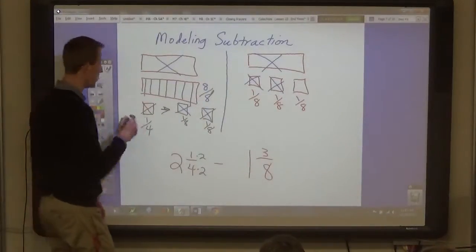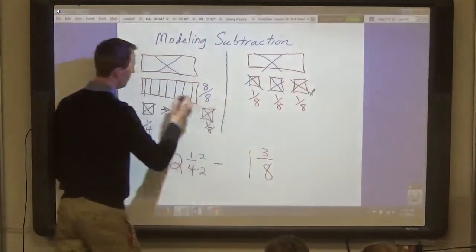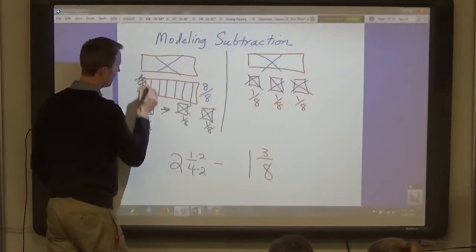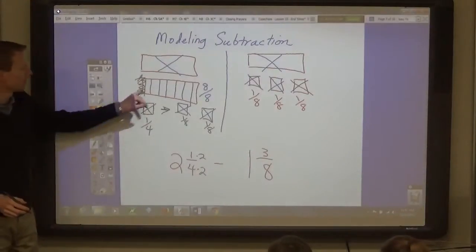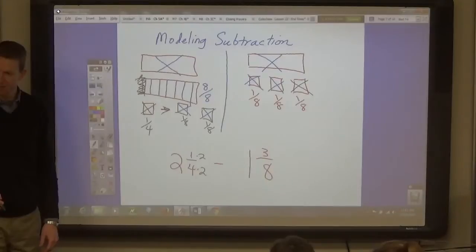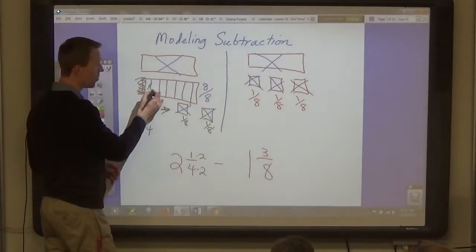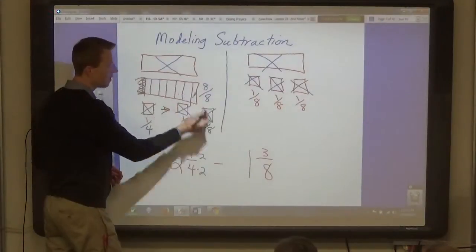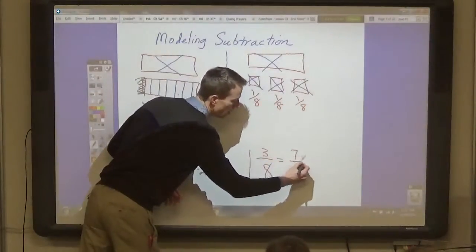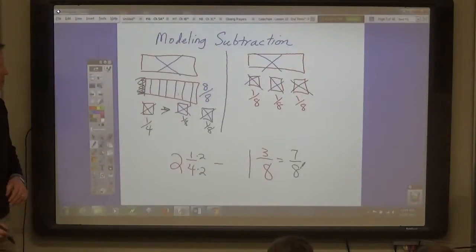And then take away 1 of them. How many would be left? 7/8, right? So this shows that this is left. 1, 2, 3, 4, 5, 6, 7. 7/8 are left. Okay?